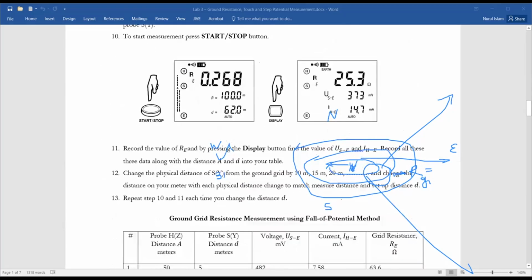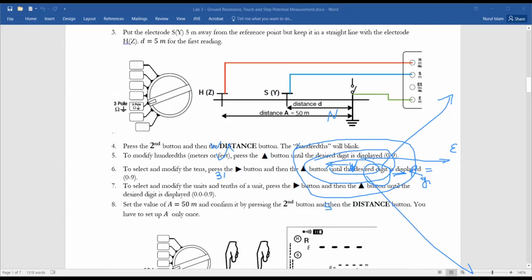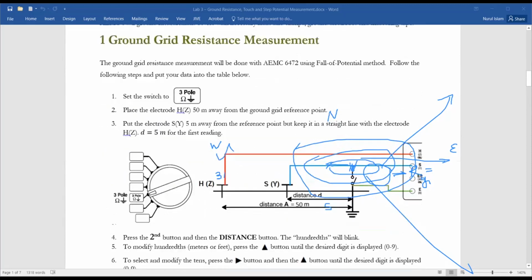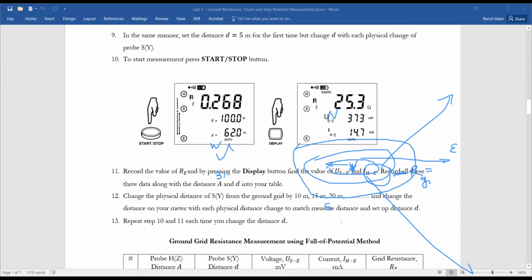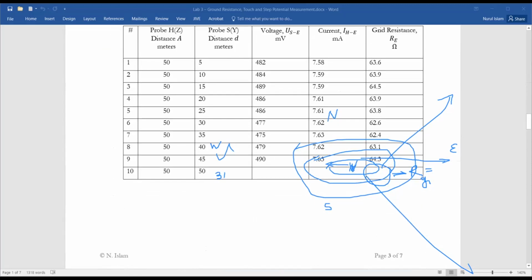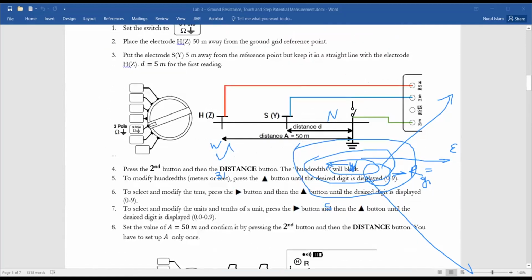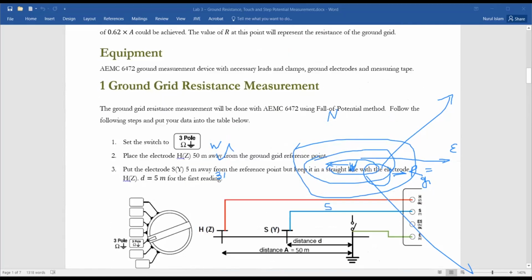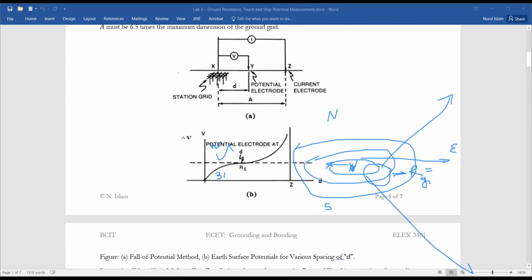Flat area means, if you collect the resistance, where is that? Oh, here.